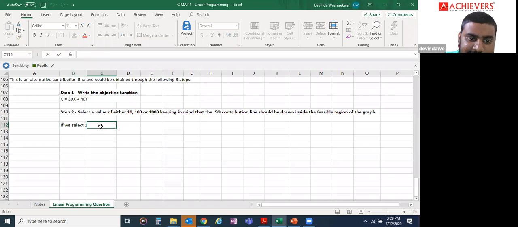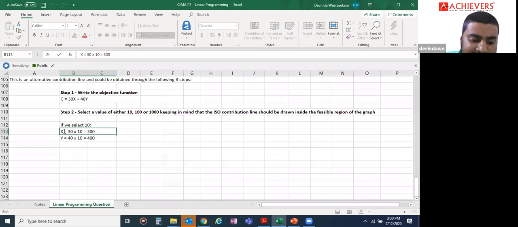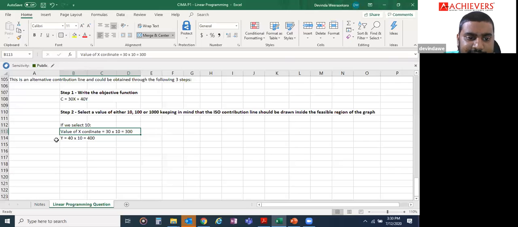If we select 10 as the values for X and Y, then the value of the X coordinate will be 30 into 10, 300.